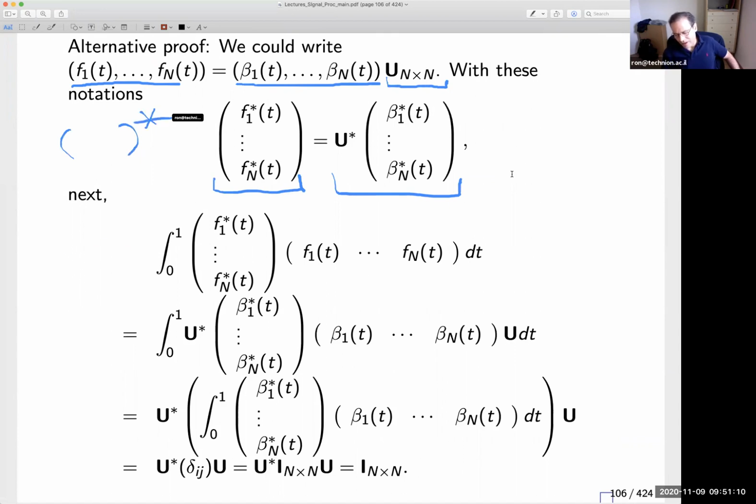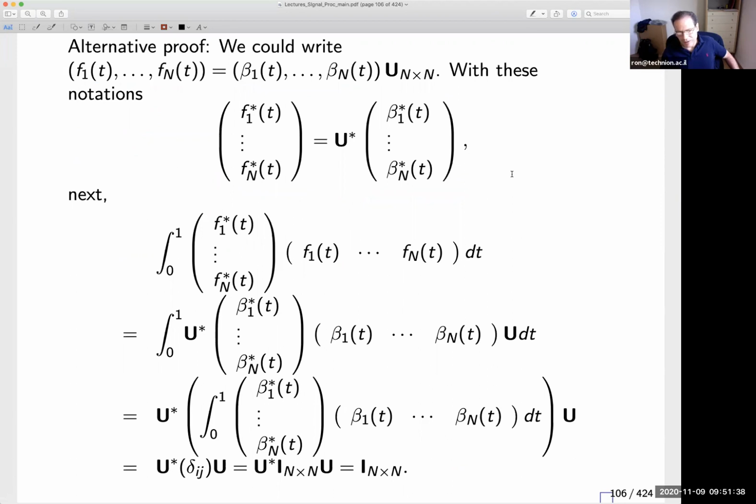And now I write the inner product explicitly, and at the end of the day, what I would get is an identity matrix, which indicates that only when I do the inner product of fi with fi, I would get identity. Otherwise, if I take f1 and inner product with another function, then I will get 0. So this is an alternative proof for the same argument.